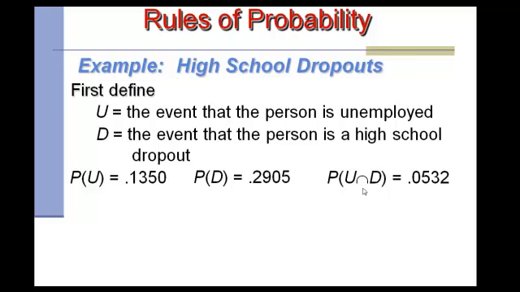The probability of being both, well, that was that third item on the table. The probability of being unemployed and a dropout was 0.0532. Let me return to that slide just for a minute so that you can see where I got these three numbers. Okay, probability of unemployed, probability of a dropout, probability of both unemployed and a dropout.